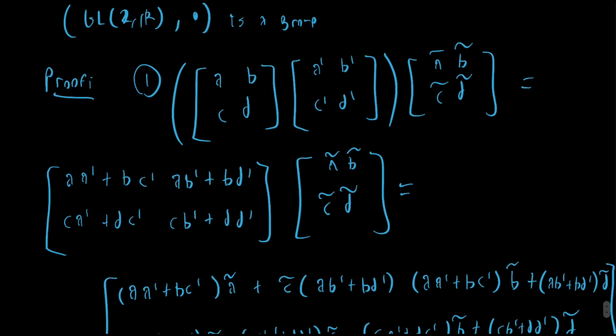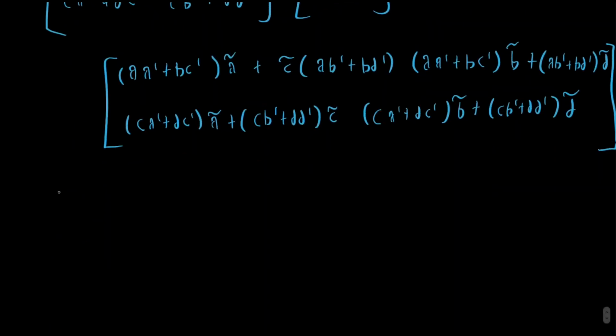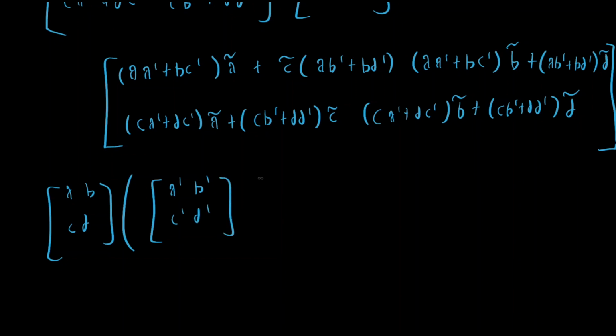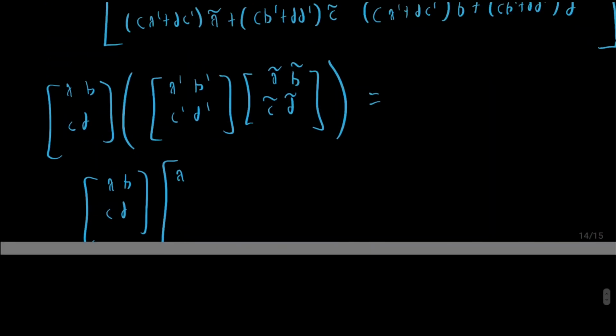Now let's keep this in mind, and let's compute A, B, C, D, and then inside parentheses A prime, B prime, C prime, D prime, times A tilde, B tilde, C tilde, D tilde. What we'll get is, in this case, A prime A tilde plus B prime C tilde. Then on the second entry, A prime B tilde plus B prime D tilde.